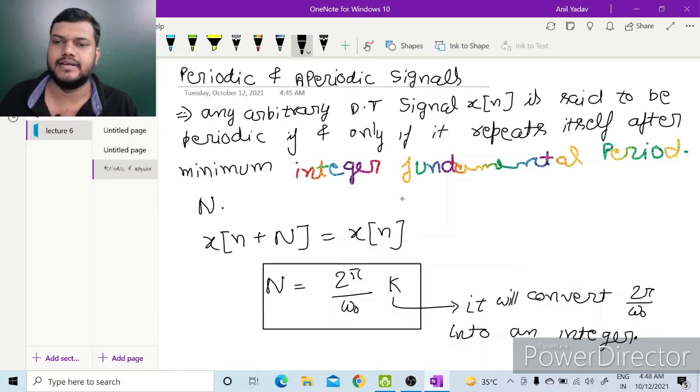Because in discrete time, a periodic signal will have a period that is an integer only. If no such integer value k exists that can convert 2 pi by omega naught into an integer, then the signal will be aperiodic.